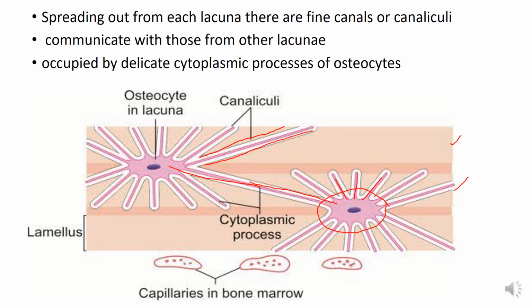If you remember, one of the functions of osteocytes was to maintain the integrity of the canaliculi and lacunae. This is how it maintains the integrity, because the lacuna contains the osteocyte and the canaliculi contain its cytoplasmic processes. So it keeps the canaliculi and lacunae open for exchange of materials for nutritive function and so on.